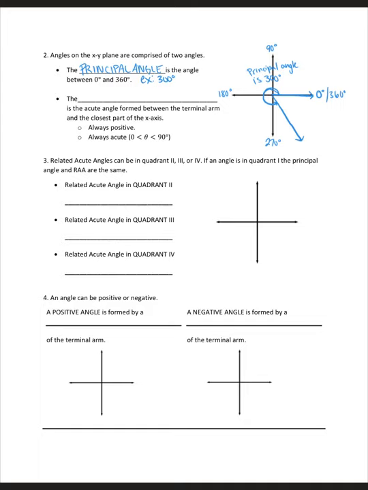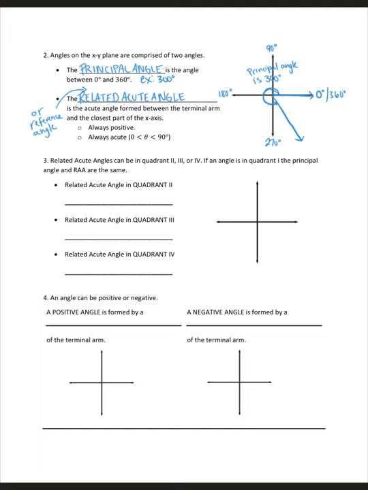The other angle that we can reference here is what we call the related acute angle. Okay, and this sometimes is called our reference angle, or reference. You'll hear those used interchangeably, but either's fine.